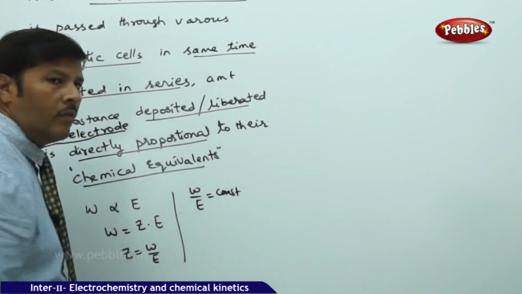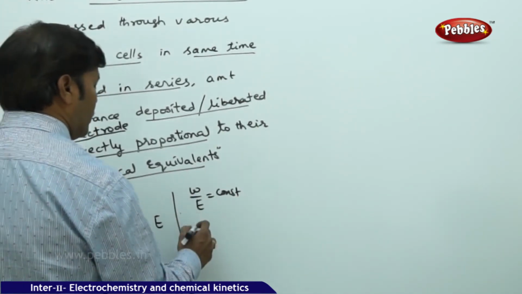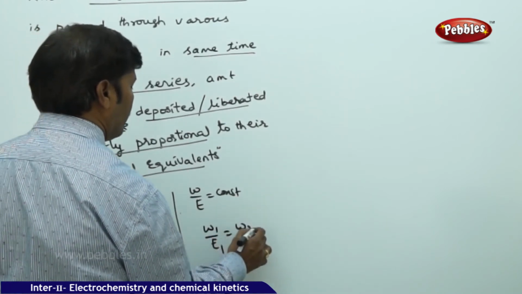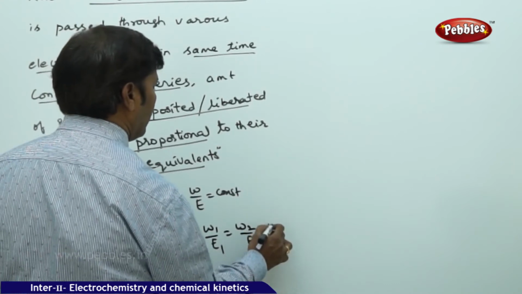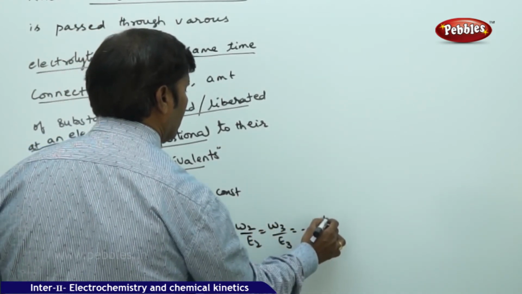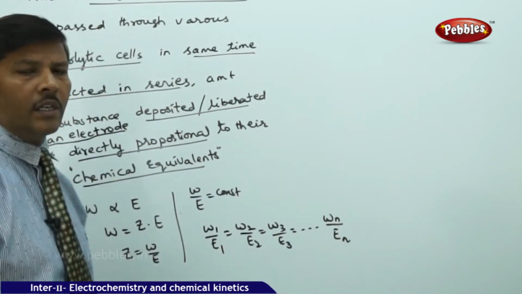For a group of electrolytic cells connected in series, W1 by E1 is equal to W2 by E2 is equal to W3 by E3 and so on, Wn by En.